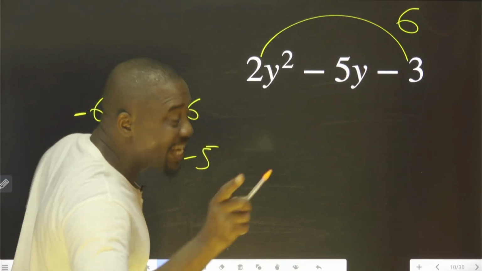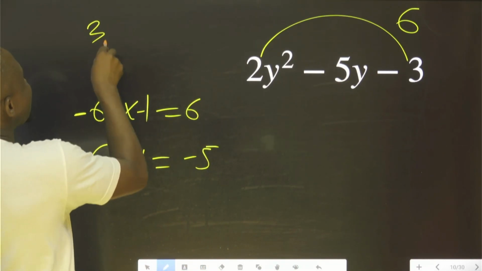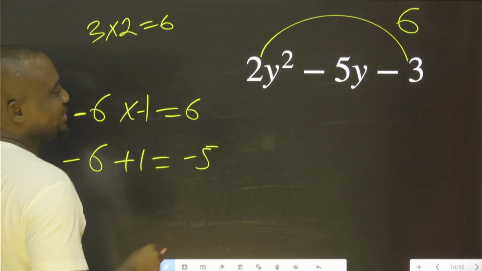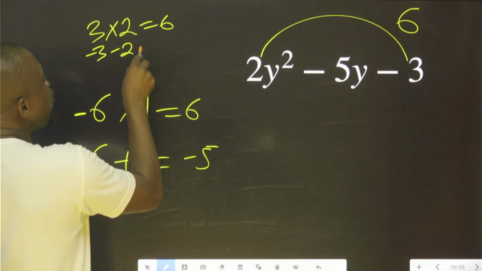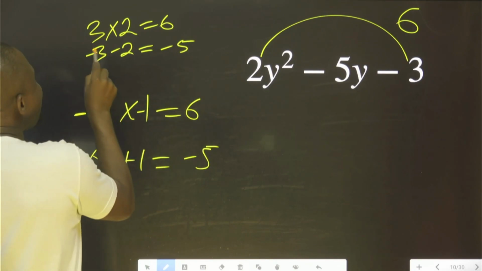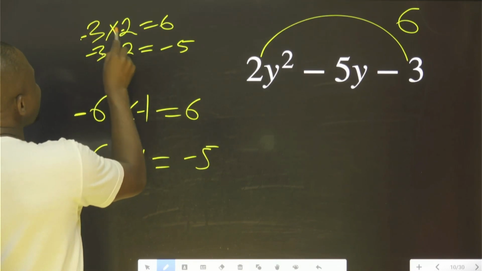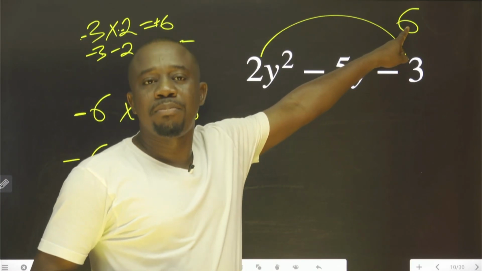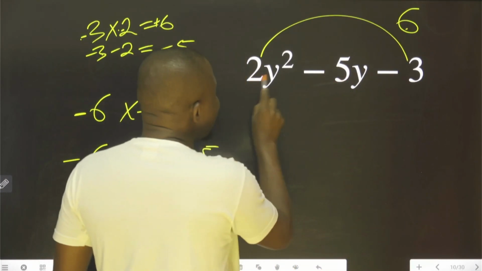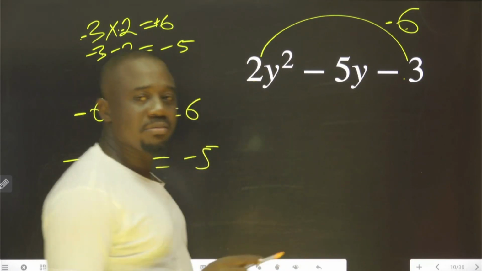If you try 3 and 2, 3 times 2 will give us 6. But minus 3 minus 2 will give us what? Minus 5. If I put the same minus here, minus minus will produce plus. But this is not plus 6. It's actually minus 6, because this time this will produce minus.